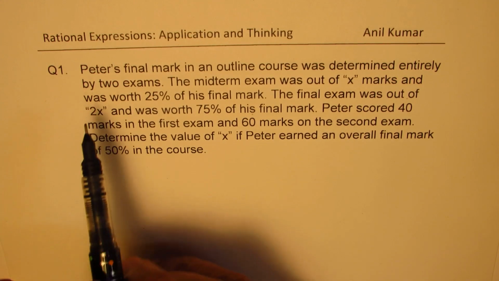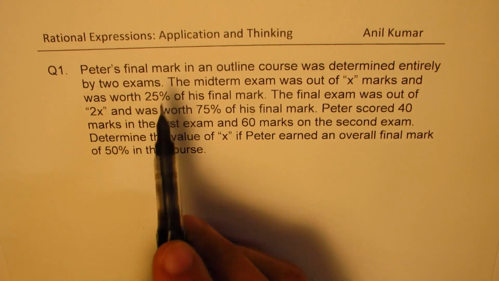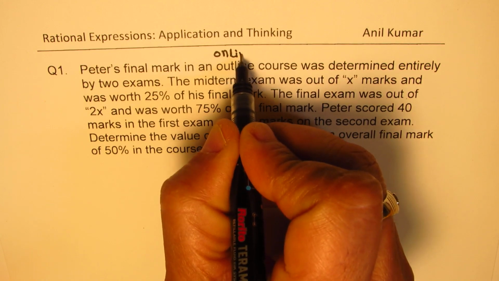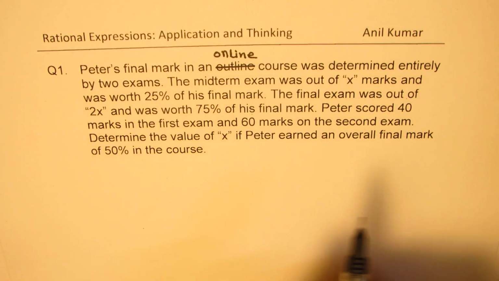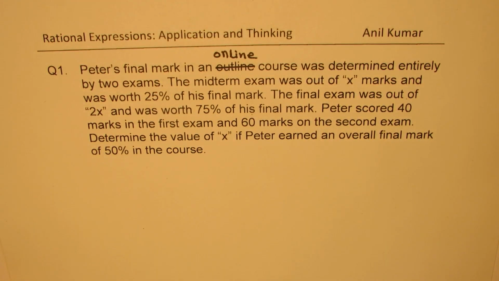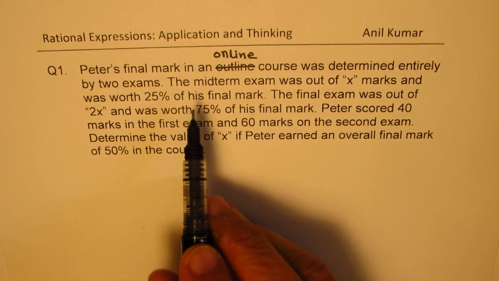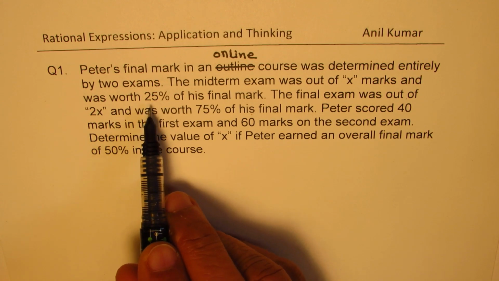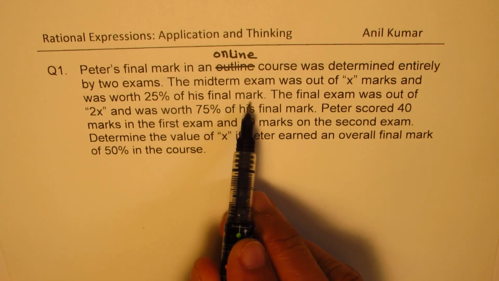Question number 1 is, Peter's final mark in an online course was determined entirely by 2 exams. The midterm exam was out of X marks and was worth 25% of his final mark.